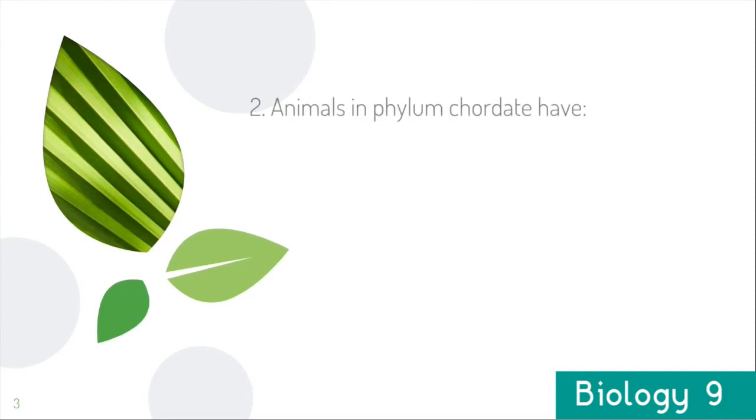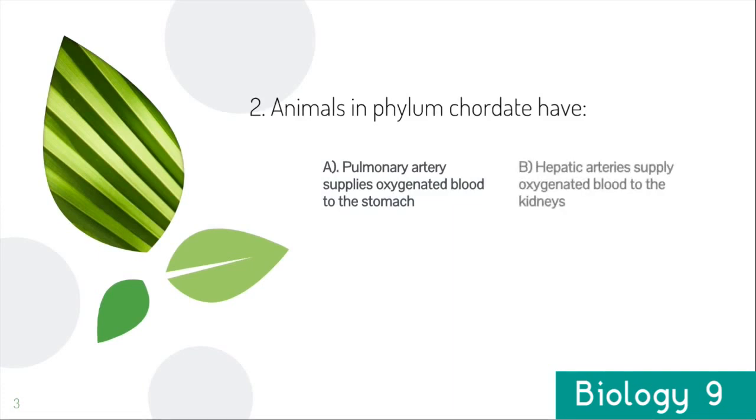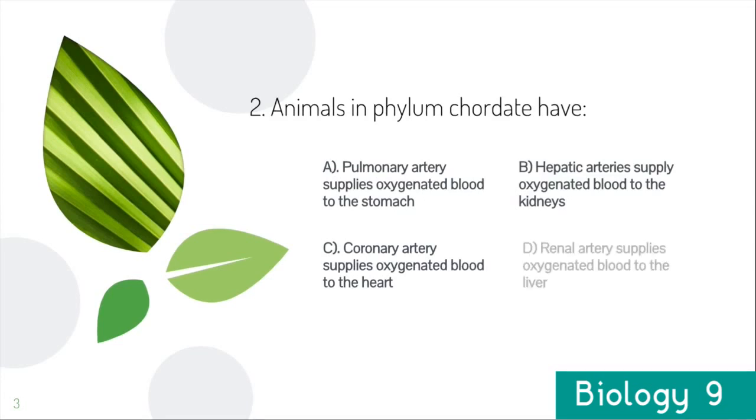Question 2. Animals in the phylum Chordate have A. Pulmonary artery supplies oxygenated blood to the stomach. B. Hepatic arteries supply oxygenated blood to the kidneys. C. Coronary artery supplies oxygenated blood to the heart. Or D. Renal artery supplies oxygenated blood to the liver.